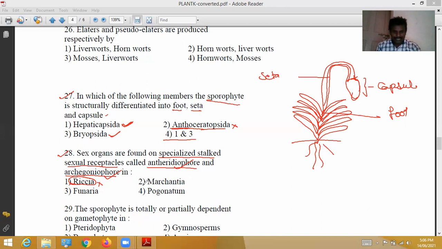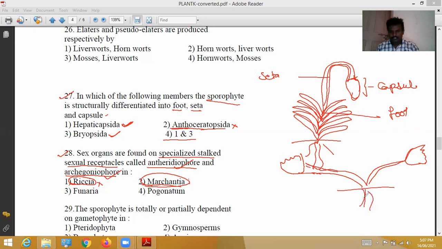Option 2, Marchantia: the liverwort example is Marchantia. In Marchantia we can find specialized stalked structures, like this way.